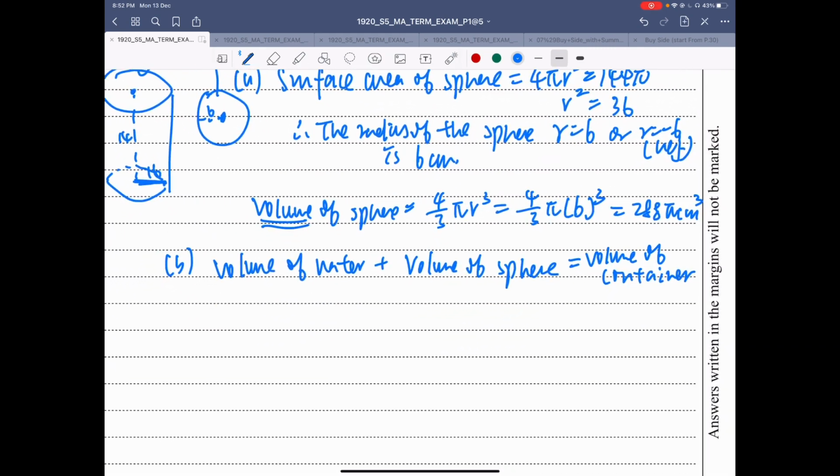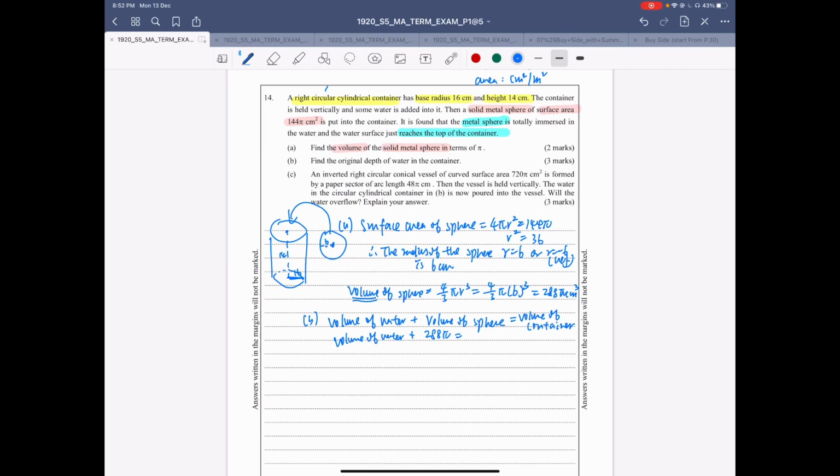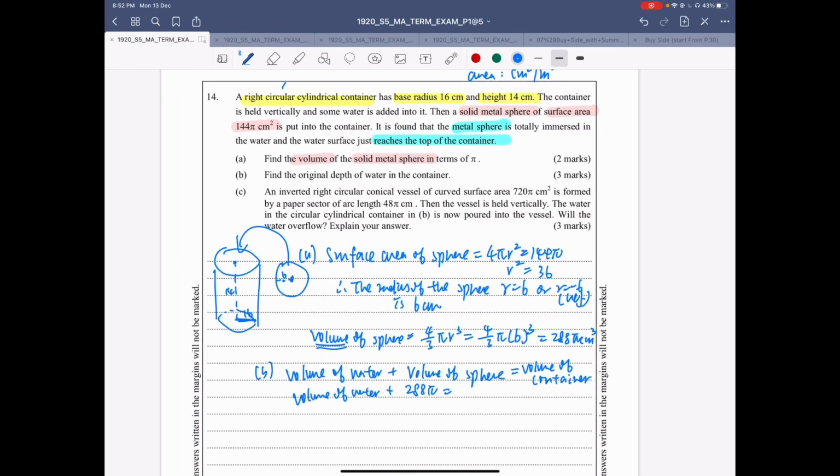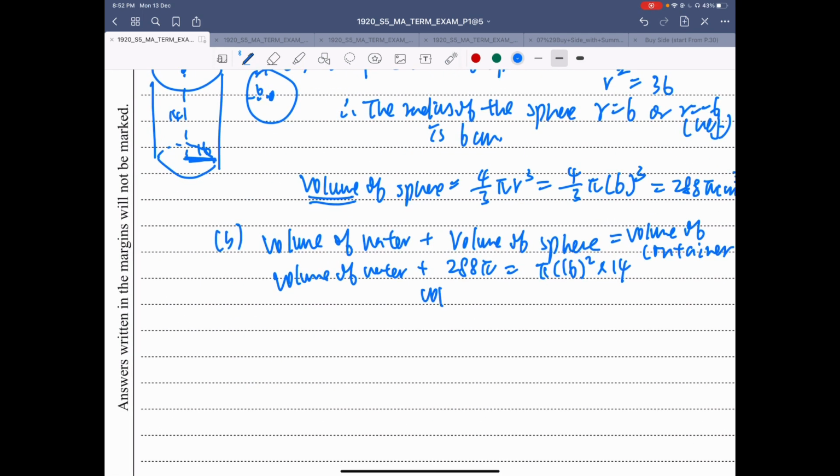So the volume of water, we don't know, but we know the volume of the sphere is 288 pi, and it equals the volume of the container. How do you calculate the volume of a cylinder? Which is pi r square h. So the volume of water will be 16 squared times 14, which is 3,584 pi, minus 288 pi.